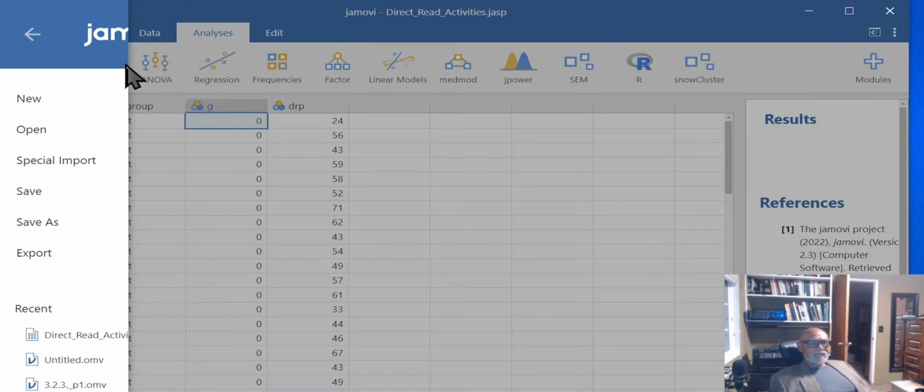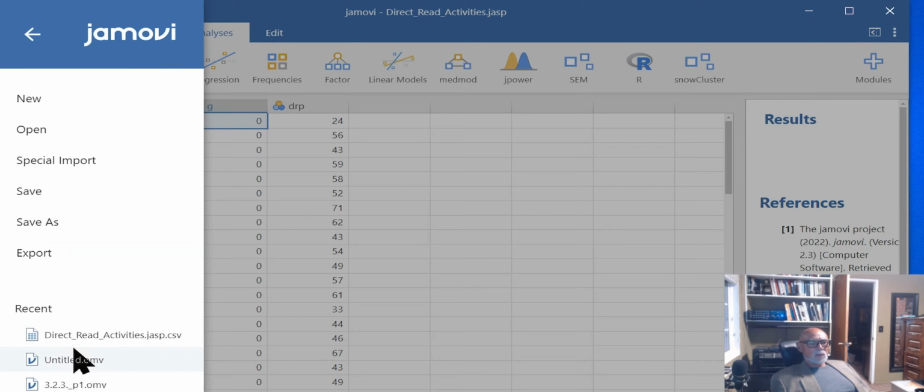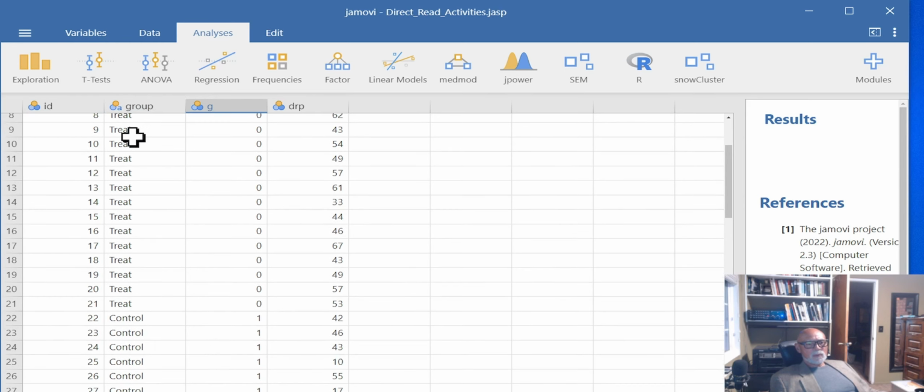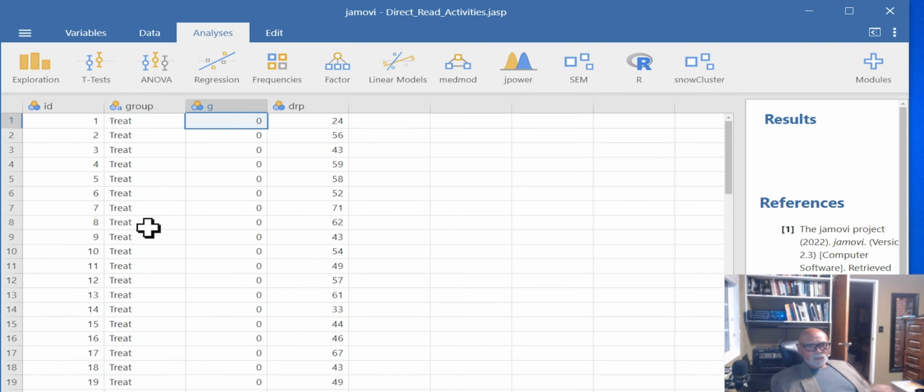And the data set that we use will be directed reading activities, and we have a group who received tutorial treatment, support treatment in the directed reading. And then we have a directed reading progress score, that's the DRP.